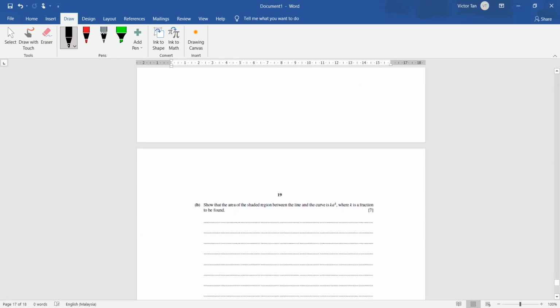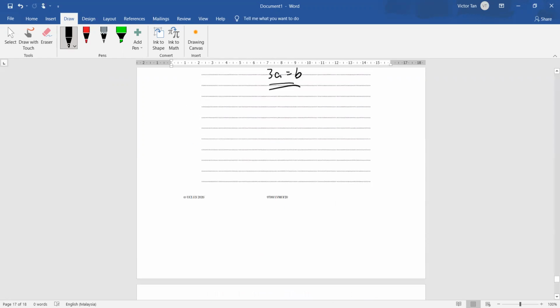Now show that the area of the shaded region between the line and the curve is ka squared, where k is a fraction to be found.